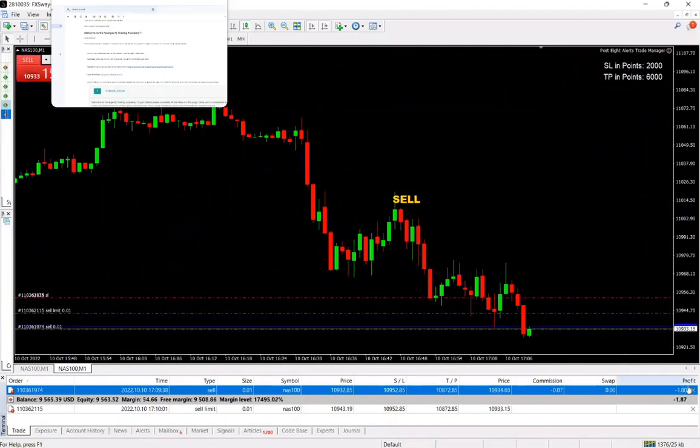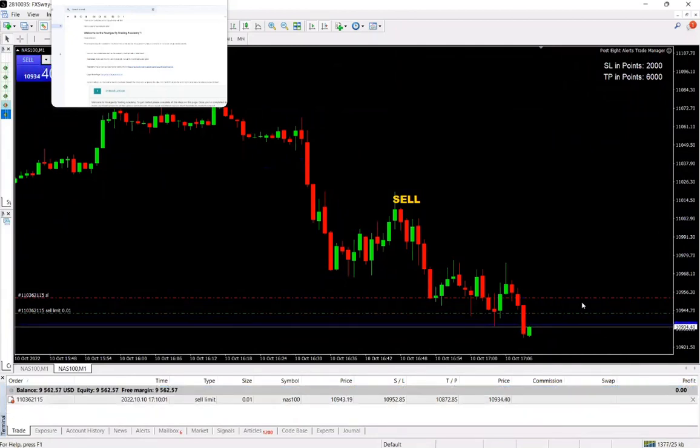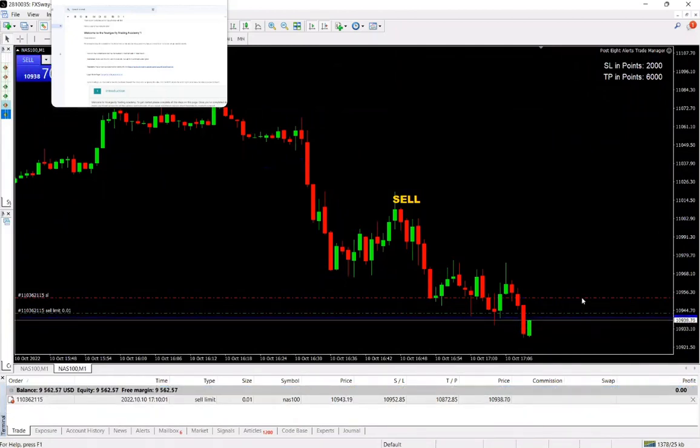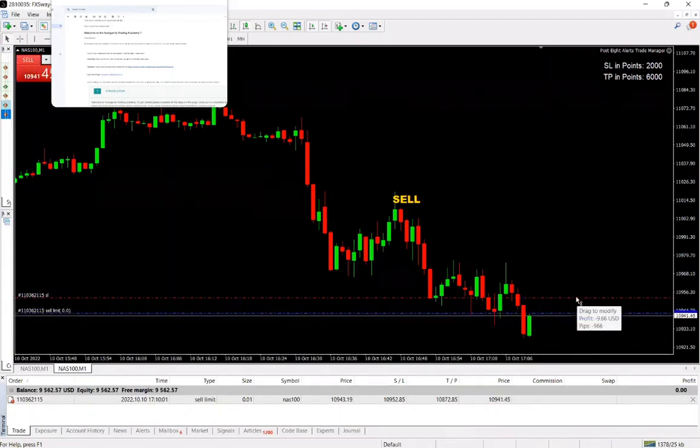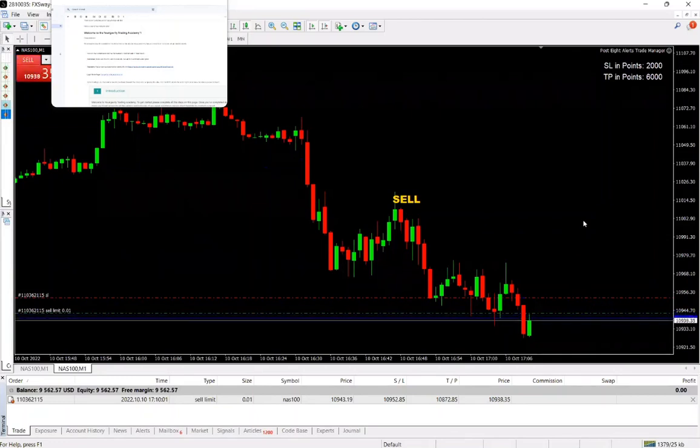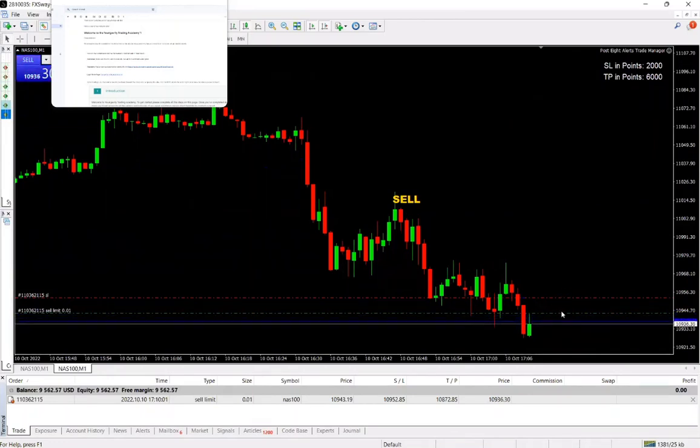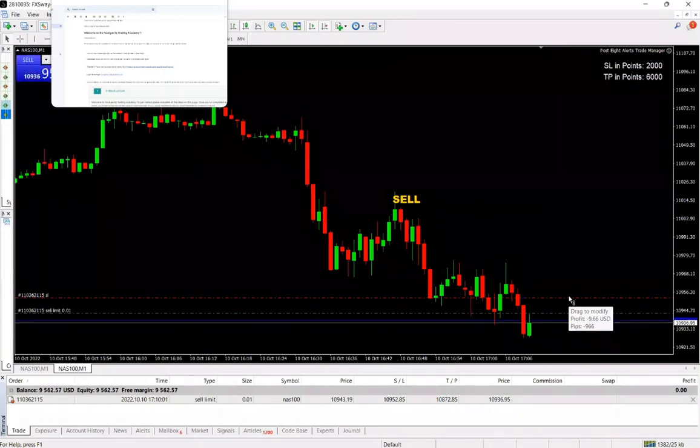Now, if I delete this, to show you, my stop is in the same exact spot that it was on my original trade. It's only $9. So that's the benefit of doing these sell limits, is that it reduces your risk from what would normally be, let's say, $20 down to $9 or $10.